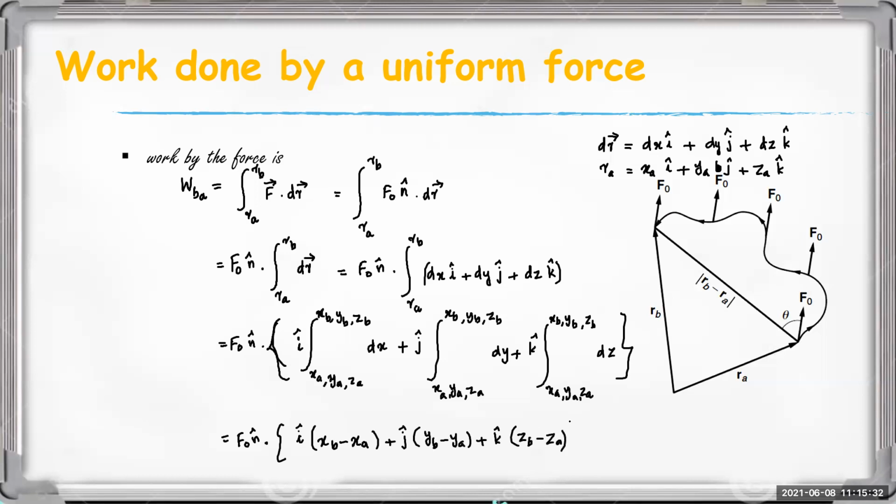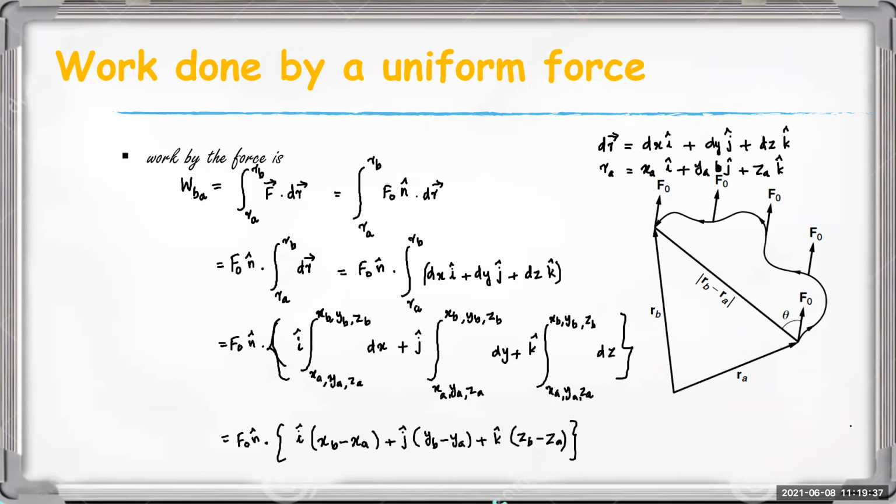Okay. So here we obtain W_BA is equal to F0 n cap dot i cap into XB minus XA plus j into YB minus YA plus k cap into ZB minus ZA. Okay.